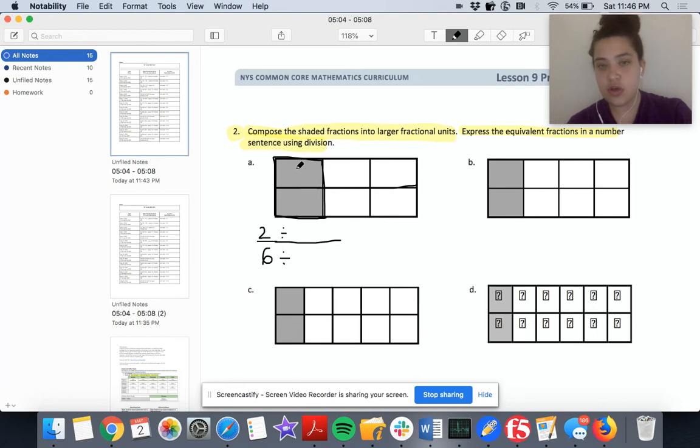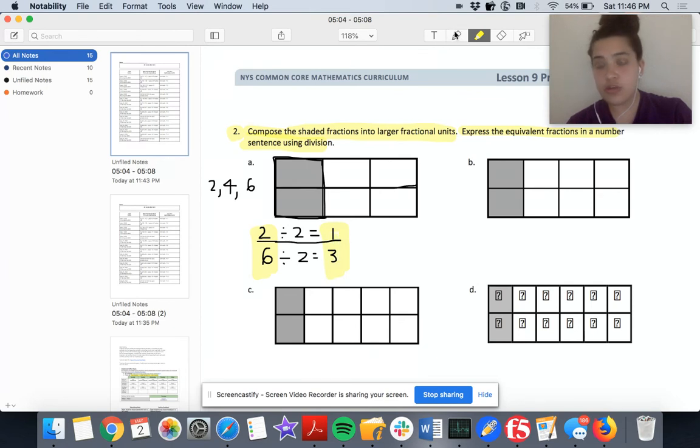Do you see this? 1, 2. So I'm going to divide by 2. Let me list my multiples just to be sure. 2 divided by 2 is 1. 6 divided by 2 is 3. So I know that 2 over 6 is equal to 1 over 3.